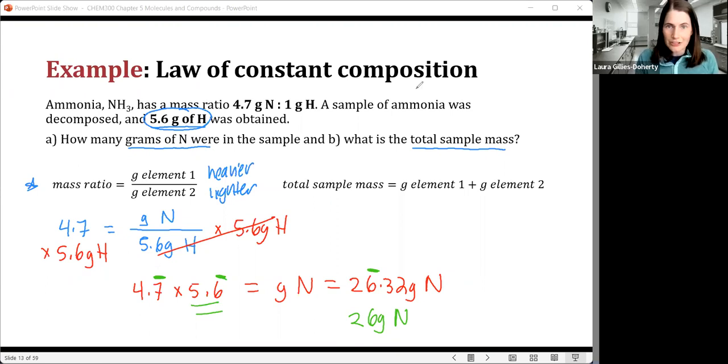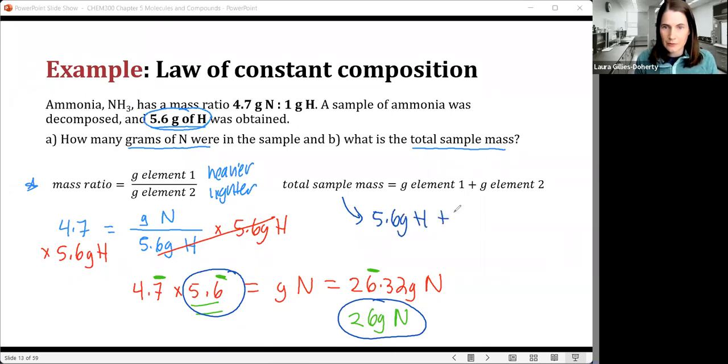So now that we know how much nitrogen we must have had in our sample, we had 26 grams of nitrogen and we had 5.6 grams of hydrogen. So our total sample mass is going to be the masses of both of those elements added up, since those are the only two elements in our compound. So our total sample mass is going to be 5.6 grams of hydrogen plus 26 grams of nitrogen, which yields 31.6 grams.